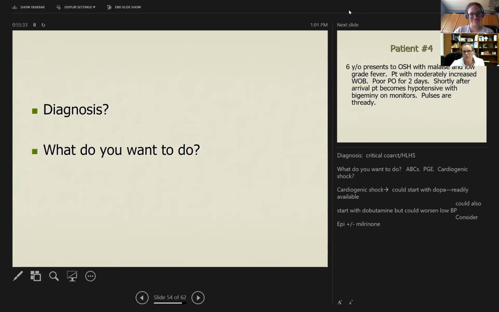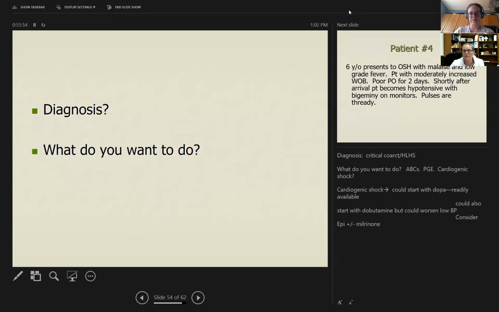So if this baby is satting 94% but doesn't have good perfusion, you've got a pink shocky baby. You've got a baby who's got probably okay blood flow to the lungs, but not okay blood flow to the body.